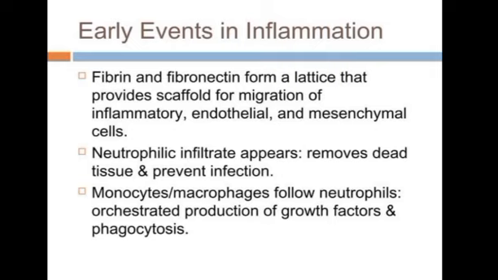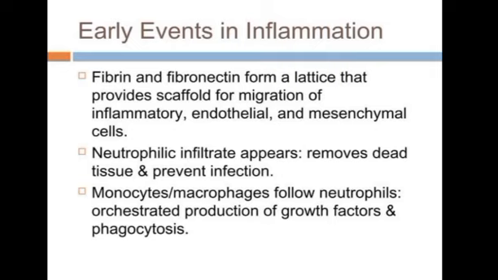Early events in inflammation: fibrin and fibronectin form a lattice that provides a scaffold for migration of the inflammatory, endothelial, and mesenchymal cells.